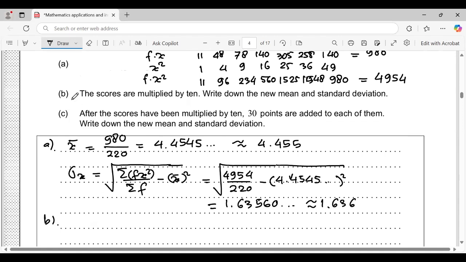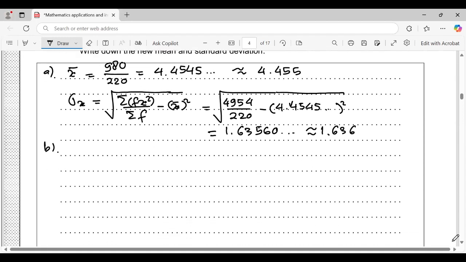B, the scores are multiplied by 10. Write down the new mean and standard deviation. The new mean: if multiplied by 10, it means 10 times 4.4545, which is 44.5454, and it is 44.55.